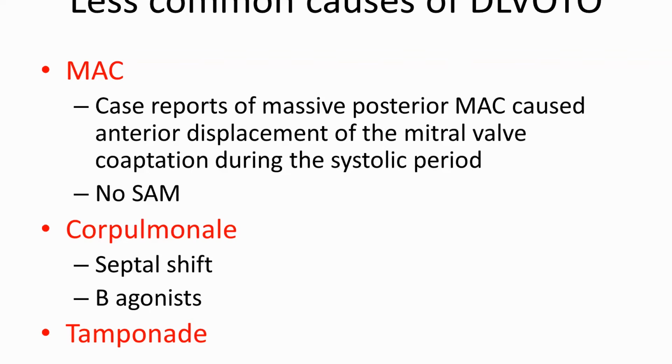Cor pulmonale, there's often septal shift with the D-shaped ventricle, pushes the mitral valve leaflet closer to the septum. Plus you've also got beta agonists and things with the coexistent respiratory problems that might be current at the time. And we talked about tamponade. I don't have any echoes of those to show you.